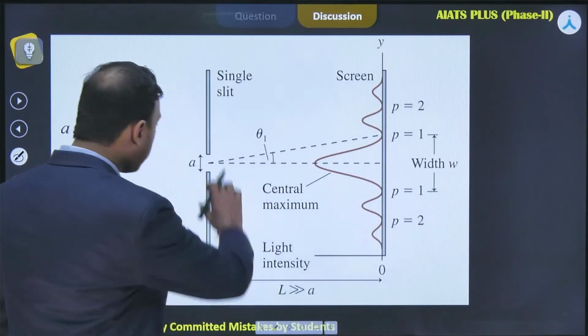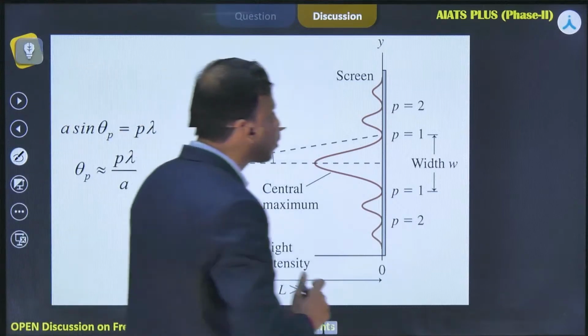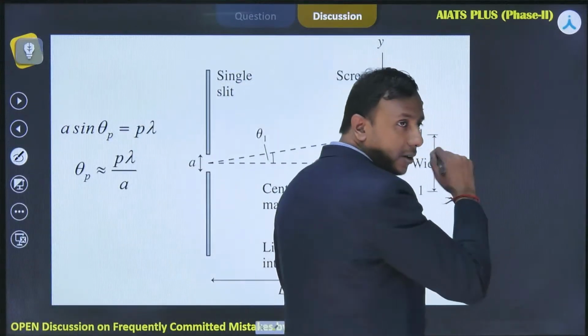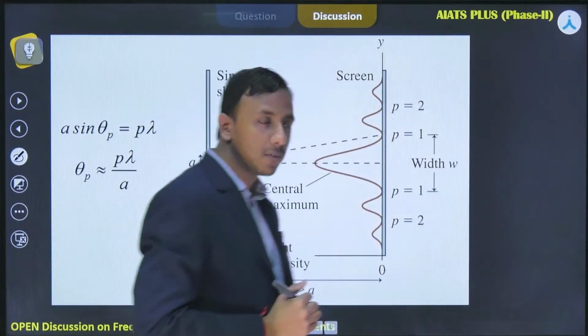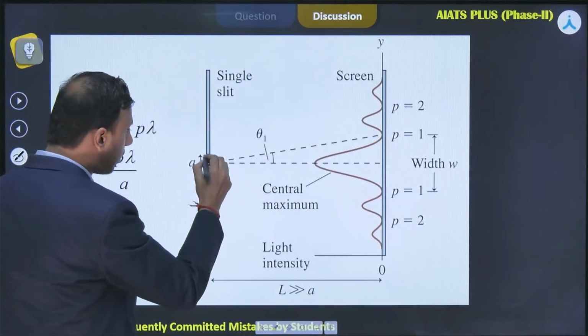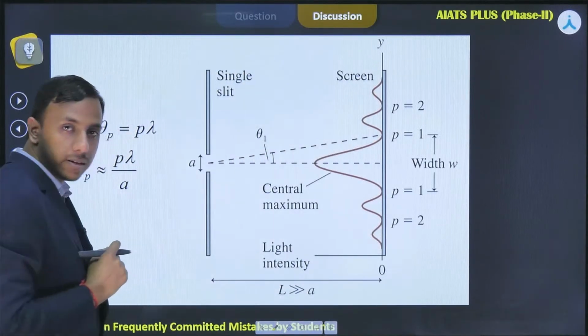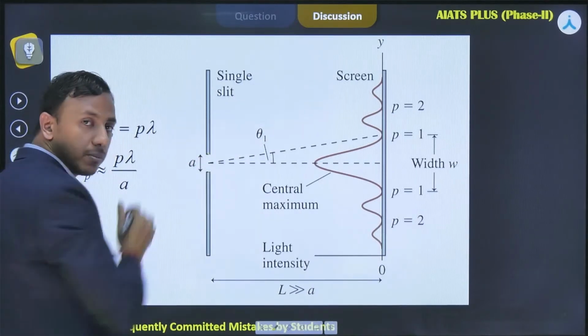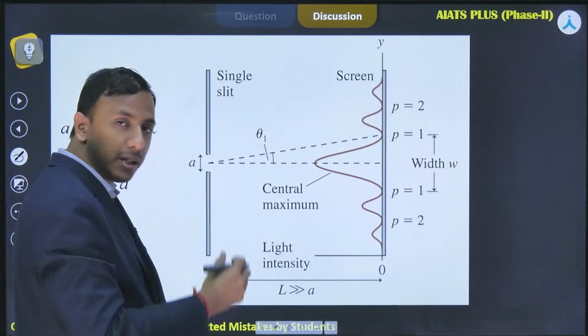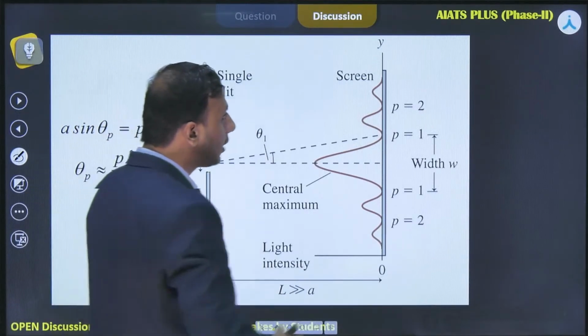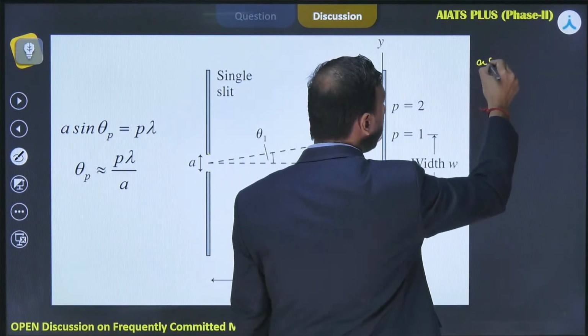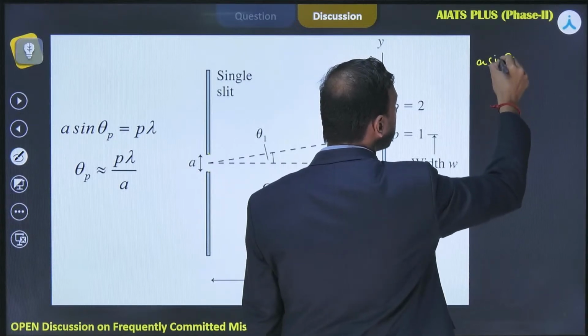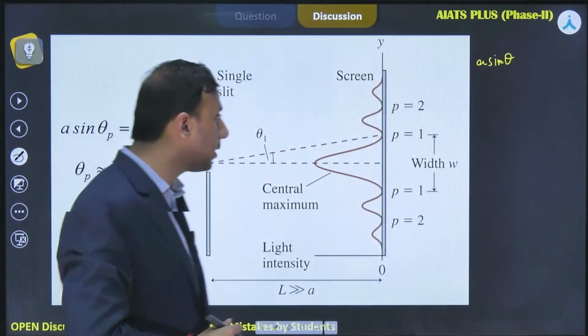In this diffraction we ask what is the path difference between the two edges of the slit. This is the single slit, and the light rays will bend around the edge. The path difference between them will be equal to a sine theta.